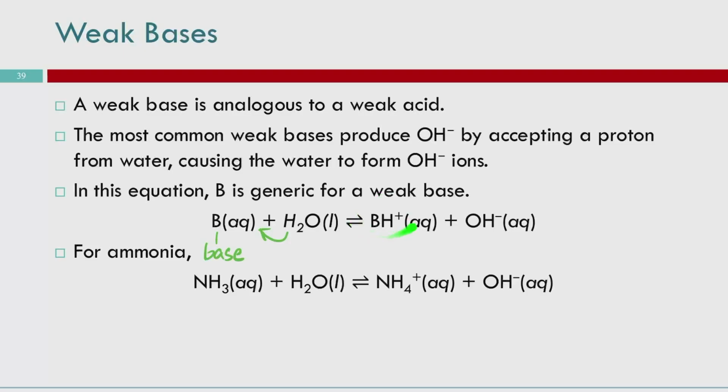It forms the conjugate acid, and hydroxide is also formed in the process. So for example, for ammonia, ammonia picks up one of the hydrogens off of the water. It turns into its conjugate acid, ammonium, and hydroxide is formed. Hydroxide is generally what we are thinking about when we're thinking about bases. Is there hydroxide produced?